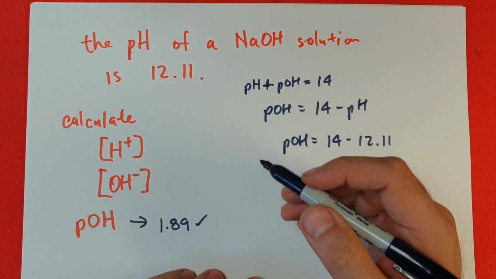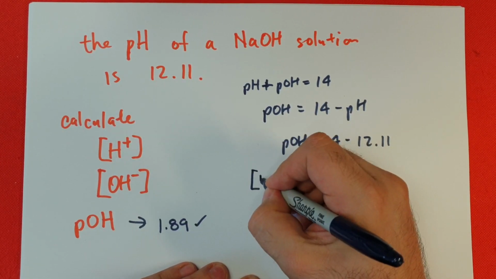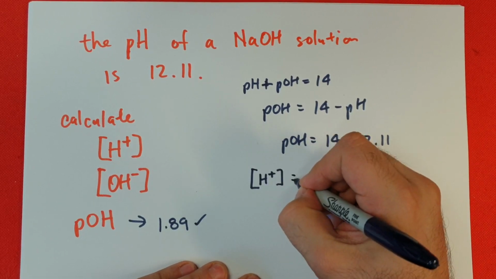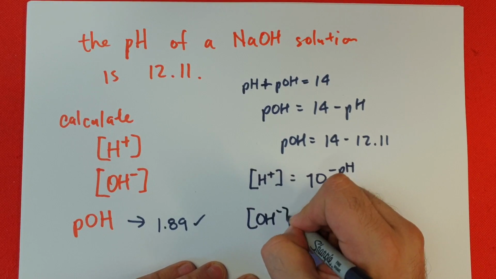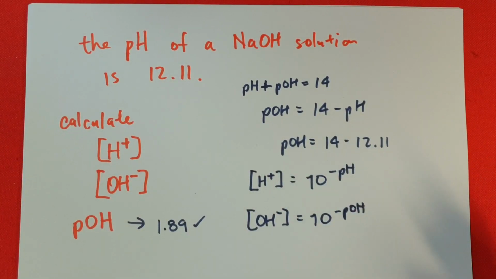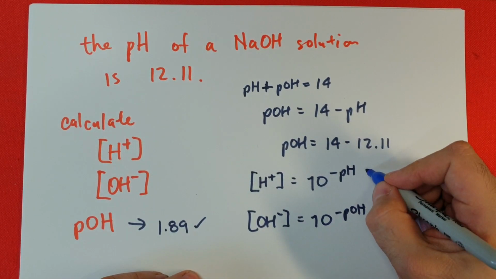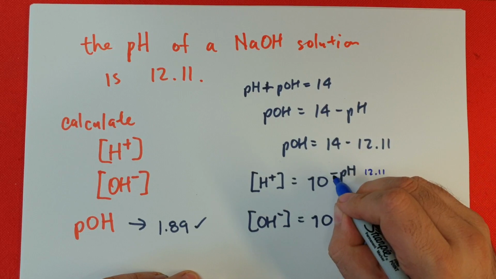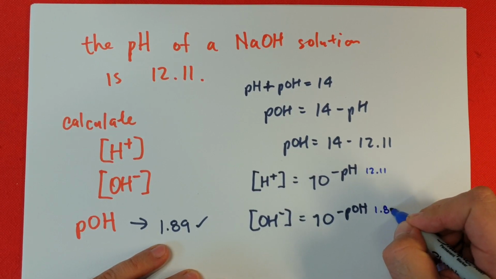Now, remember the formula. The H concentration is equal to 10 to the negative pH, and the OH concentration is equal to 10 to the negative pOH. We already have these values, so we just plug them in. The pH is 12.11 and the pOH, which we subtracted, is 1.89.